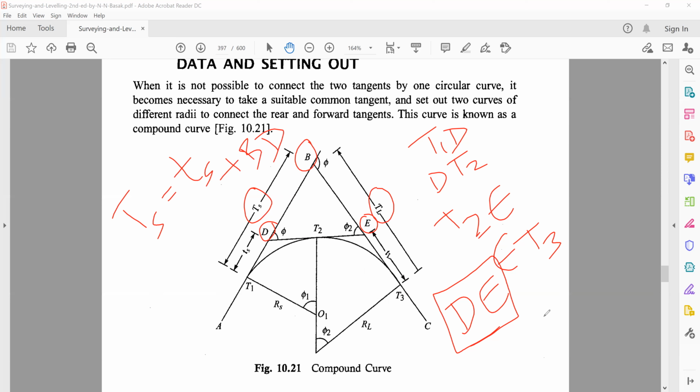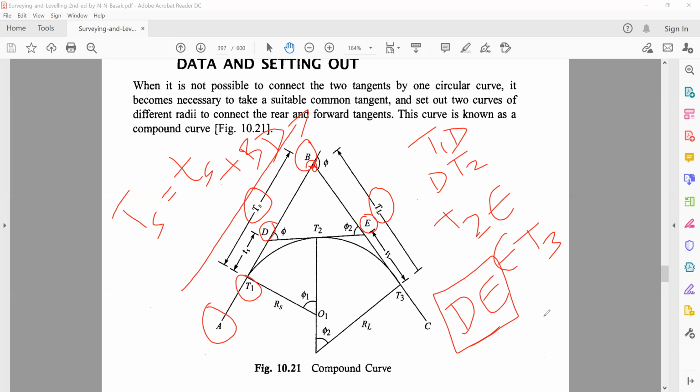Why do we have to calculate these things? Because once you go in the field to lay out, you'll be starting from T1, or from point A. From the point A, you'll sketch this line, you'll reach the point B. So you would have the direction, but you would need to know where the location of point B is on the line AB.